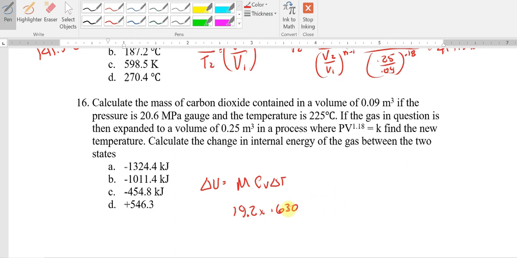Again, we get C_V from the academic supplement, and we have the two temperatures, 141.3 minus 225, and that comes out to minus 11.4. Minus 11.4 is the answer for the work done.